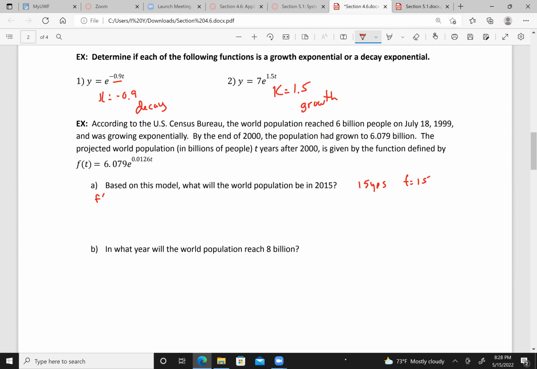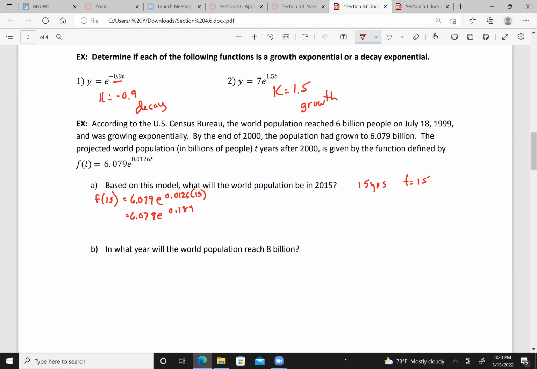So f of 15 equals 6.079 e to the 0.0126 times 15. 0.0126 times 15 is 0.189.